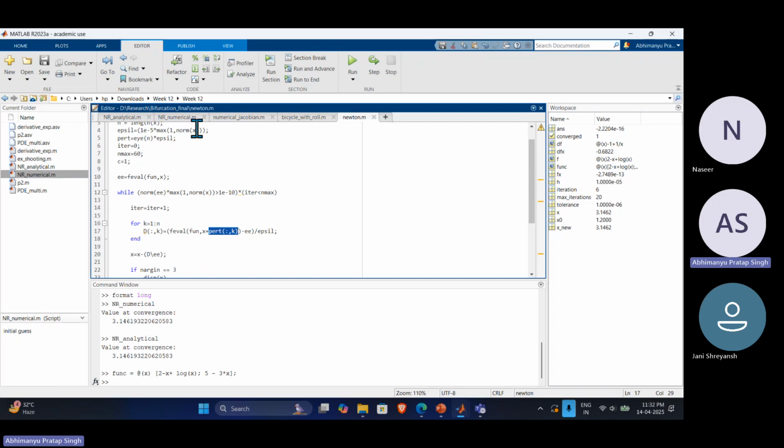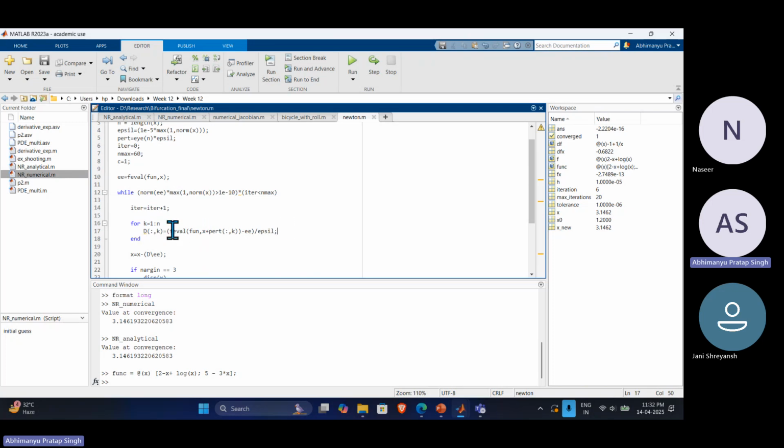Epsilon is a very small number, so this is basically my h value. Okay, so very small h value. EE is my current function value at the x value, without any perturbation. So E is my f eval function at the x value, and then this part is the perturbed part, and I'm subtracting those two together and dividing by h. So basically this is a forward difference method that I'm utilizing over here.